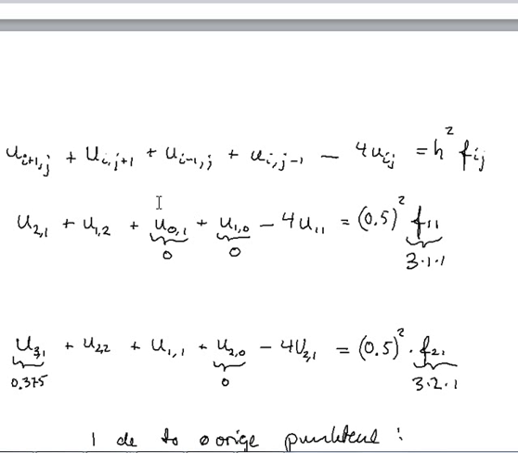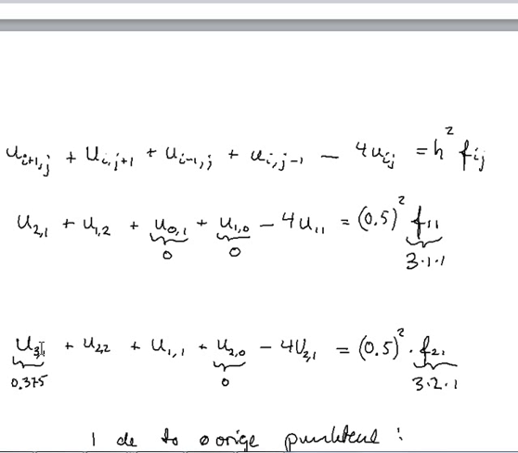And we note that these are boundary points. This is the value of u at the boundary on the left side. This is a boundary point on the bottom, which both are assumed to be 0. In the same way we see that u_20 is a boundary point at the bottom, and u_30 on the right side is also 0.